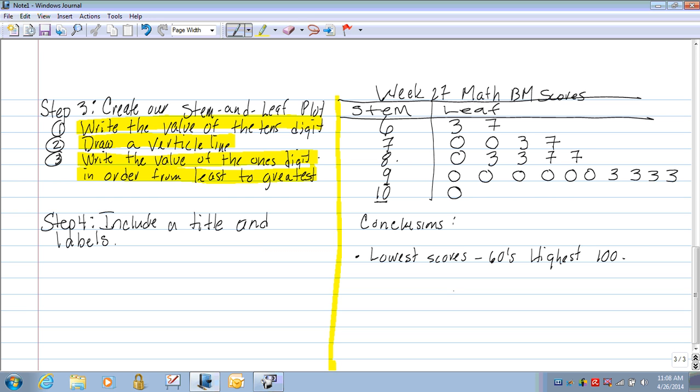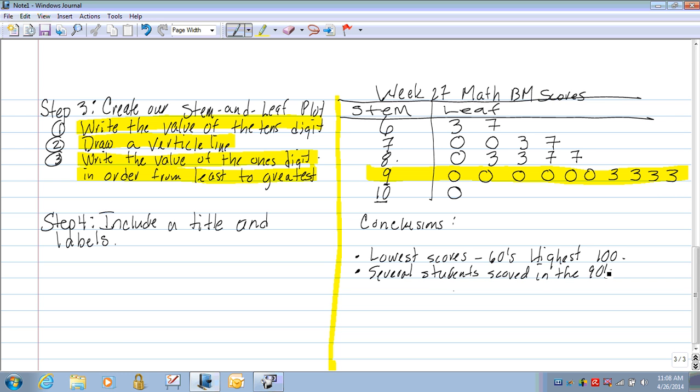I could also conclude, based on looking at the stem and leaf plot, that several students scored in which place value? In the 90s.